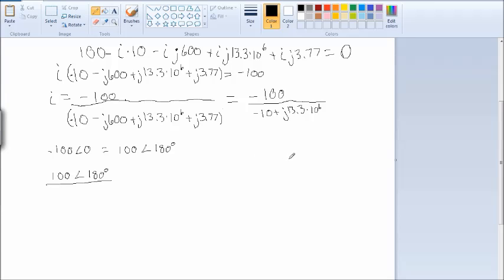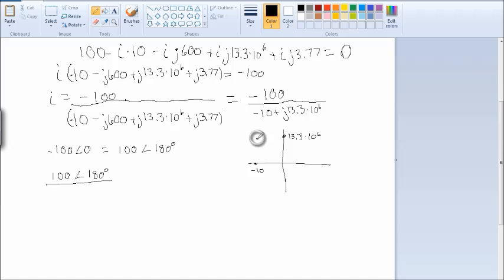So if we make a little coordinate system here like we did before, we look at this complex number and we can see that the real part is -10, and the imaginary part is 13.3 times 10 to the 6th.